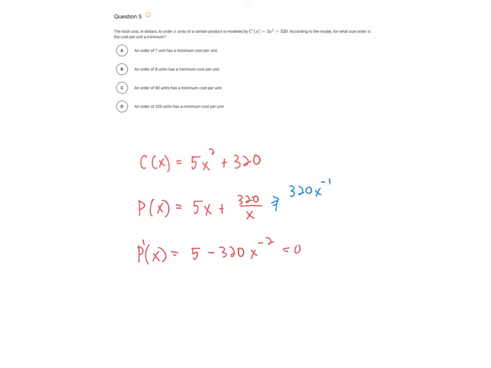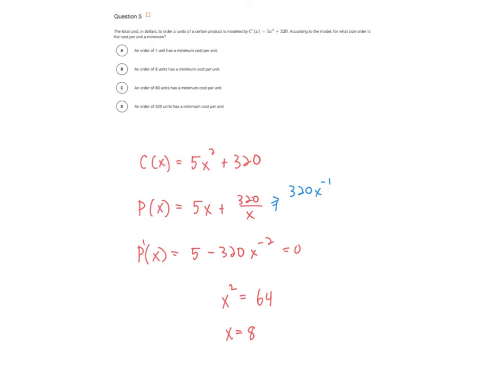So we get x squared equals 320 over 5, which is 64. Okay, and technically x equals plus or minus 8, but you can't have negative units, so we'll just really say x equals 8.